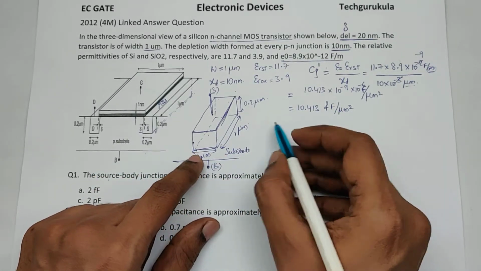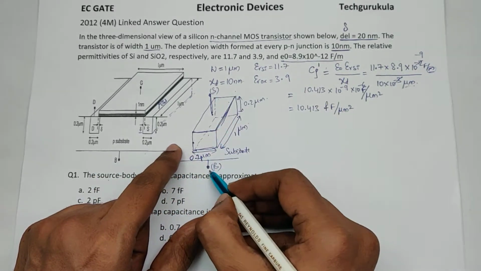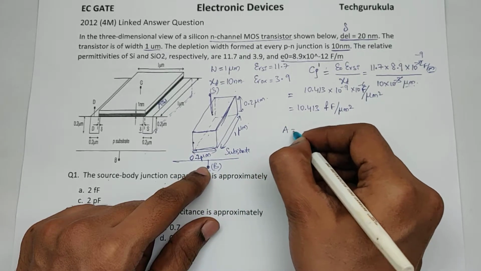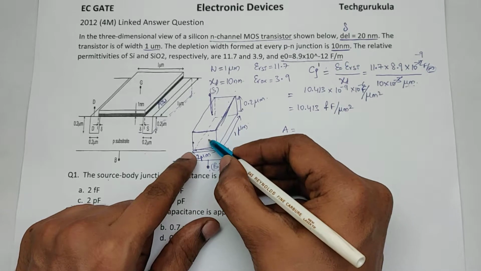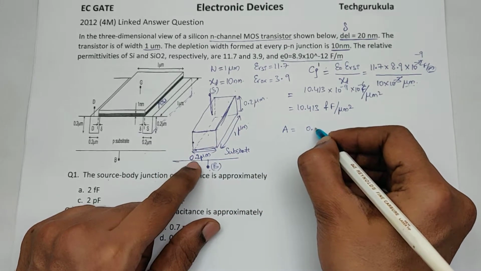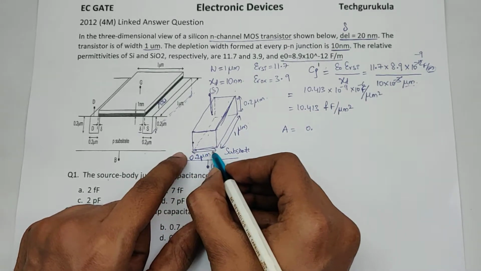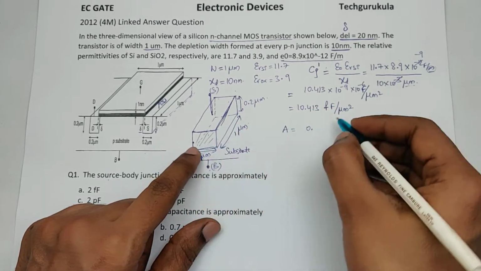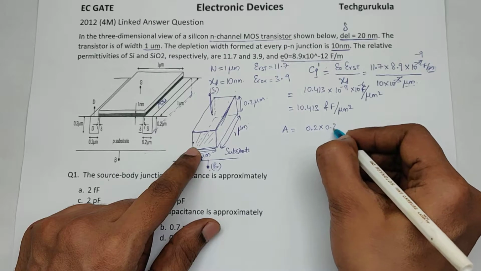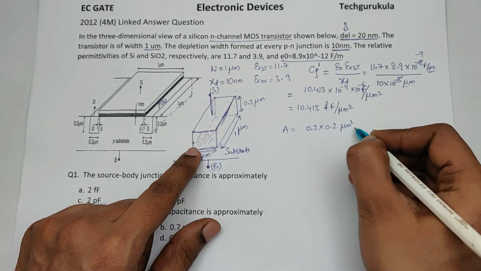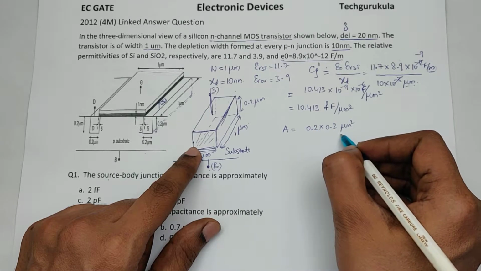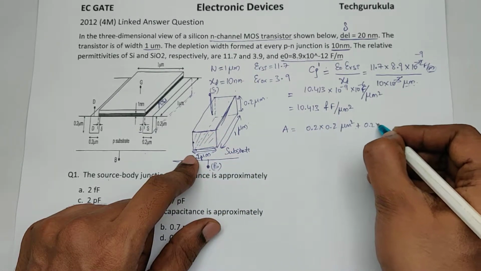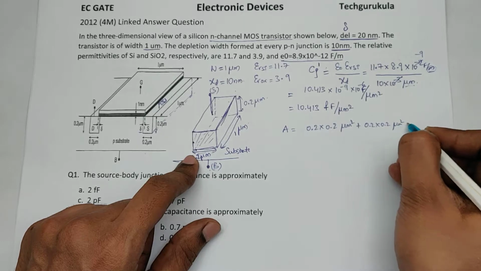Now let's find what is the total junction capacitance from source to body. That is equal to, we have the total area is equal to area of the front side, which is 0.2 micrometers, this times this, 0.2 times 0.2. This area is covered. So 0.2 times 0.2 micrometer square. And this entire quantity is actually 2 times, because front side, okay, let me write separately, 0.2 times 0.2 micrometer square.